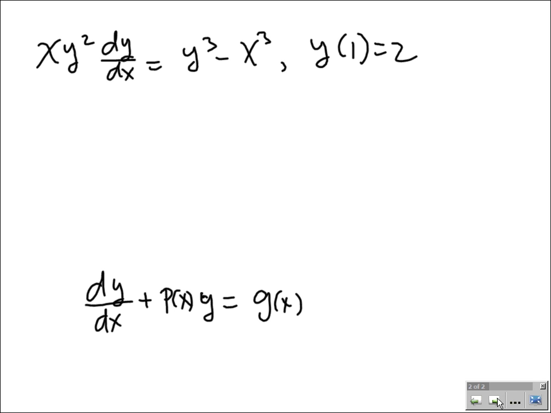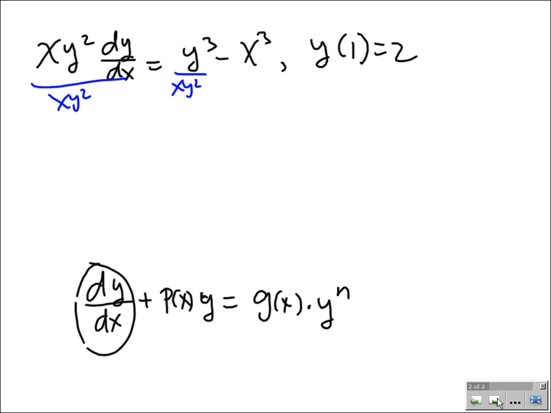What's the big difference? But I better have dy dx alone. Well, that's pretty simple. Just divide by x y squared.